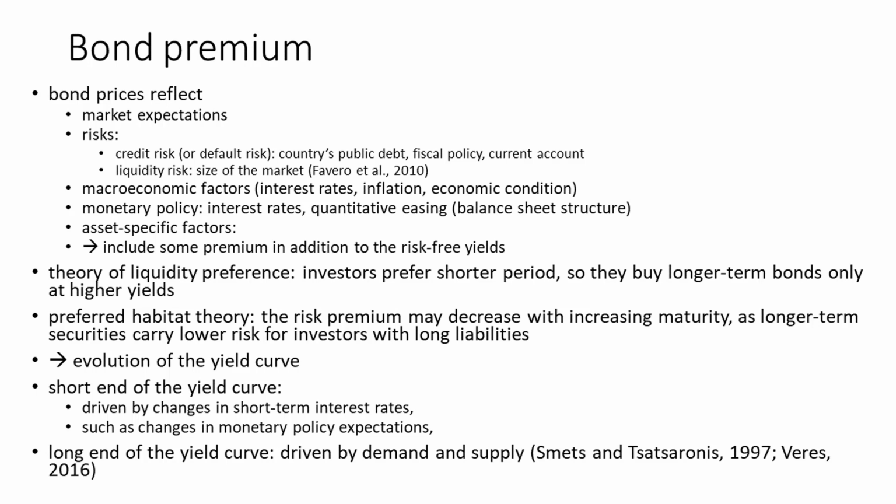And then in the case of budgetary balance, we can talk about liquidity risk, so actually the size of the market, because we know that the amount of trades and the influence on prices are related to each other. Then macroeconomic factors like interest rates, inflation, economic conditions, monetary policy, not just the interest rate, but much more, like what is the balance sheet structure of the bank or the central bank and how it changes through purchase or sales programs.